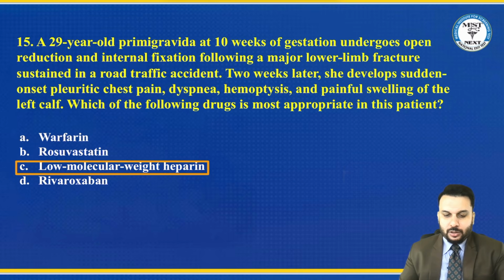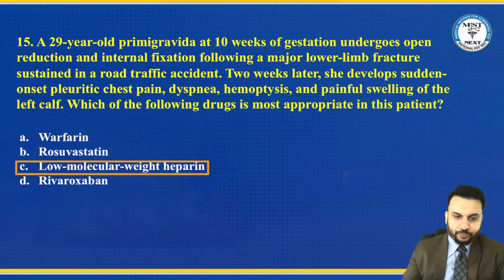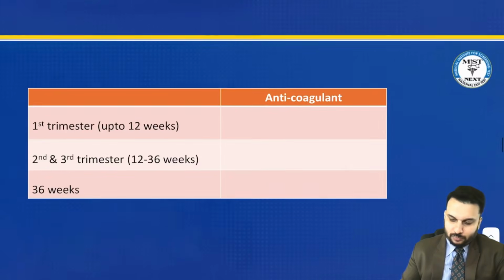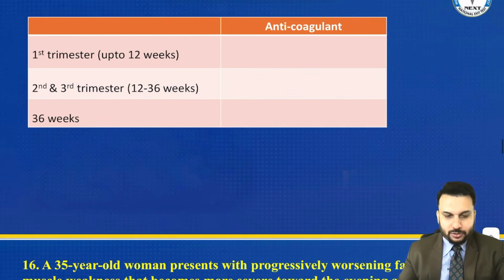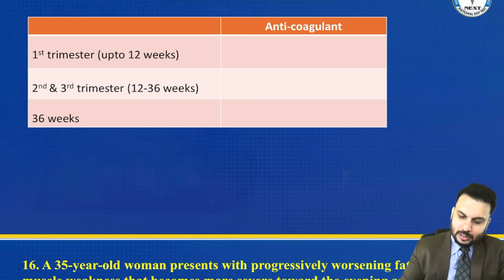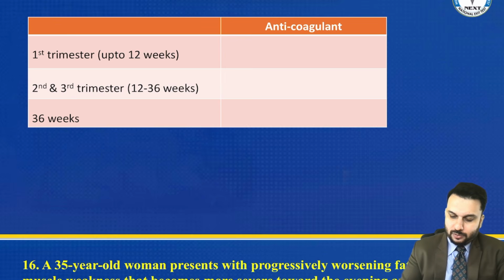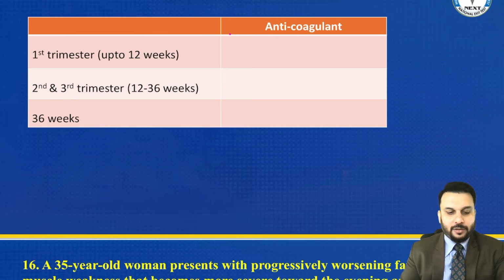If we look into the discussion of this DVT, pulmonary embolism type of topic, what you and I must know is what drug to be given. In the first trimester, that is up till 12 weeks, I'm going to give you a medicine called heparins.